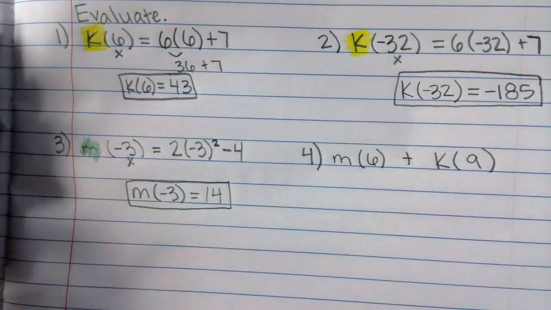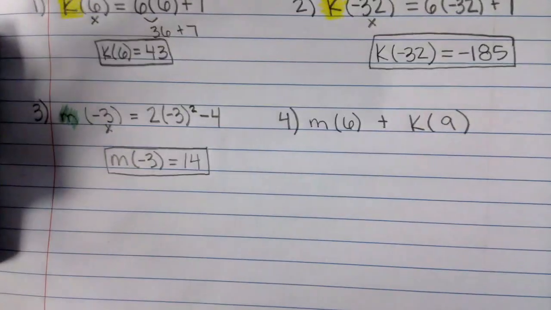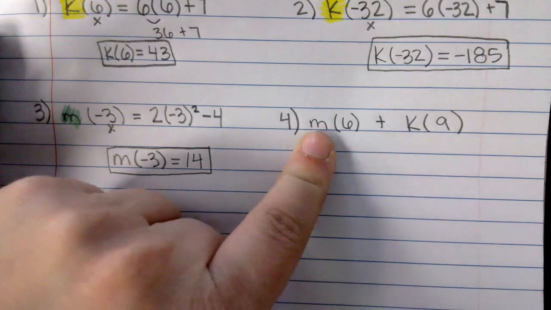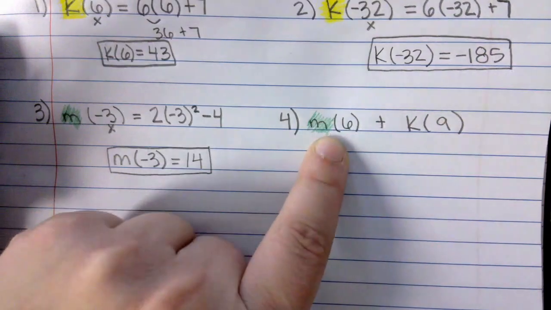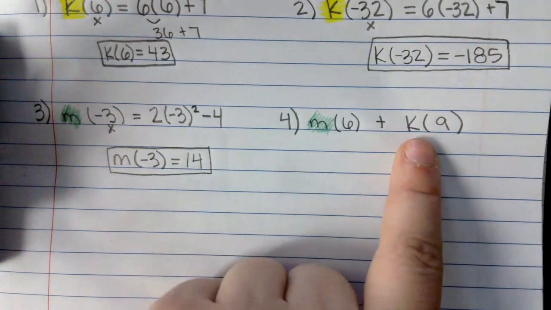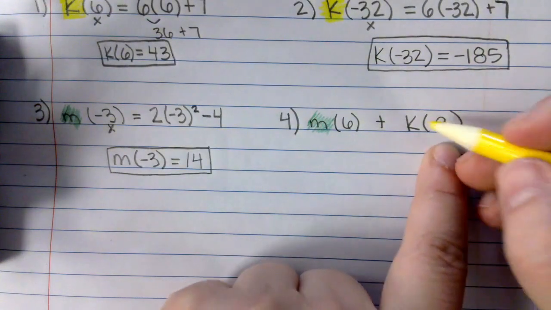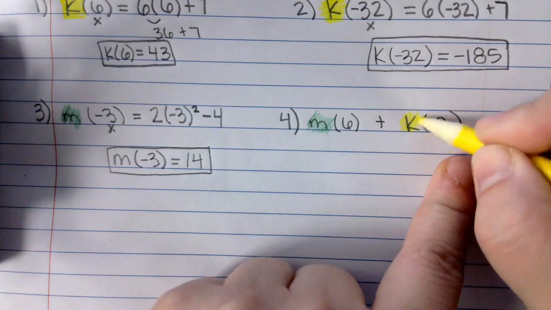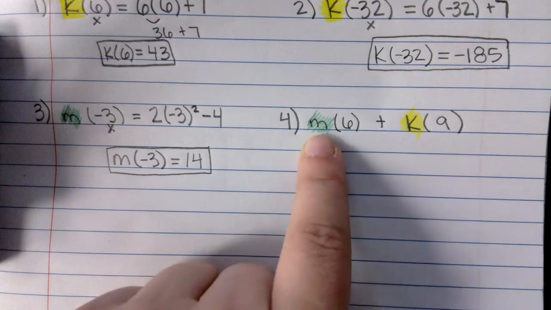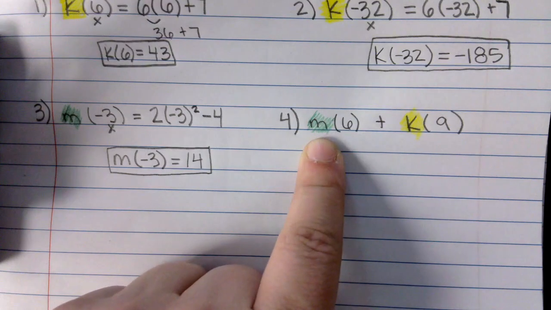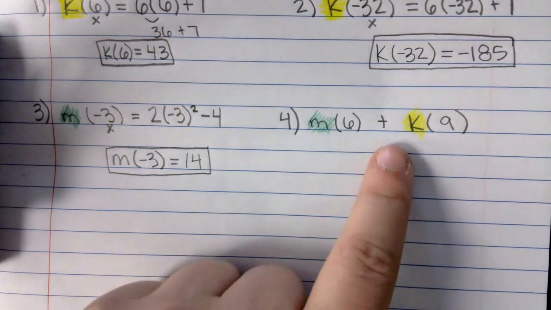So m tells me I'm going to use function m, and I'm going to plug in 6 to function m. But then I need to find the function of k using that 9, plugging 9 in. I'm going to say that again. First we're going to find 6, plug that into our function m, get an answer. We also need to plug in 9 into function k and get an answer. But then we want to add our answers together.